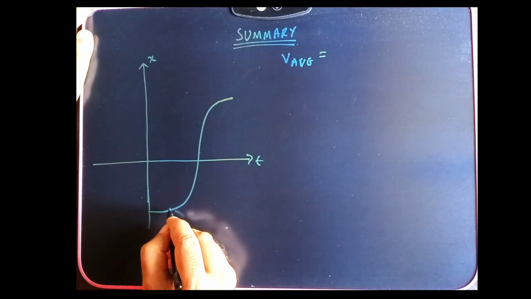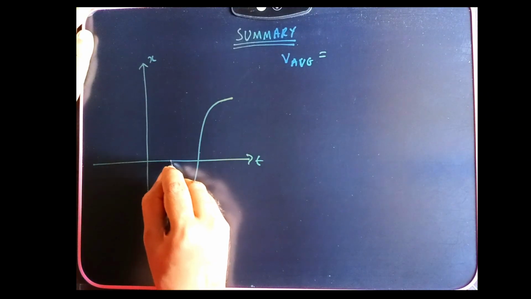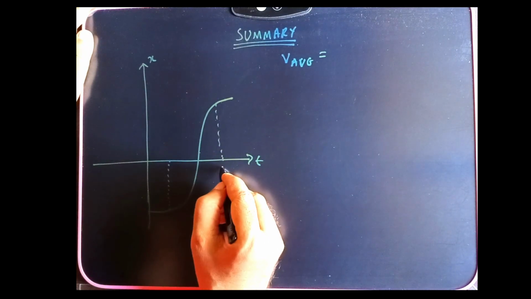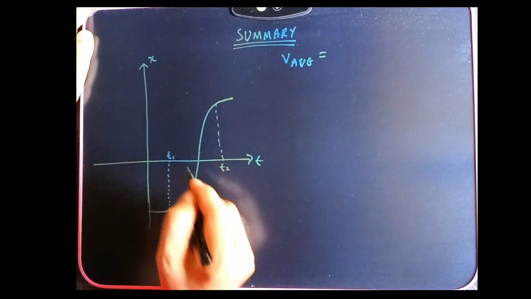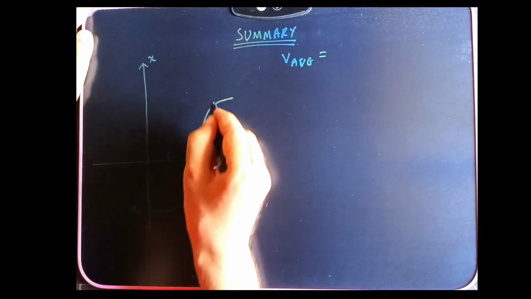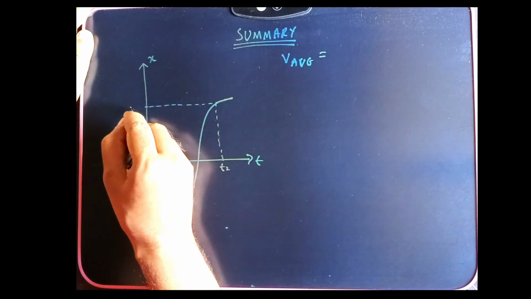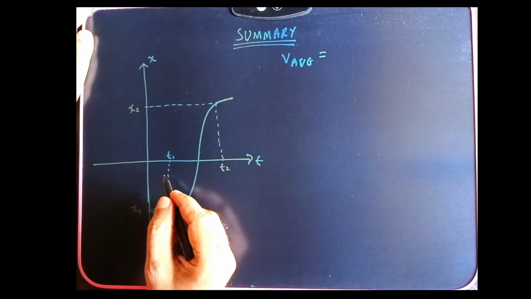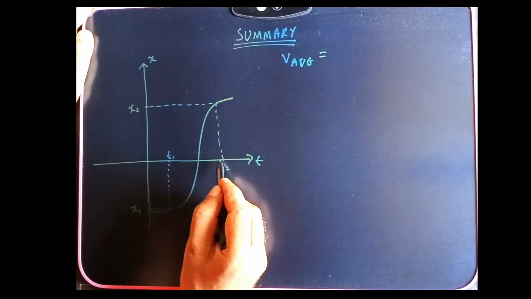So I take another point at this time t2, at this time t1. I plot on the x-axis. This will be x1 and this will be x2. So I'm measuring the average velocity between t1 and t2.